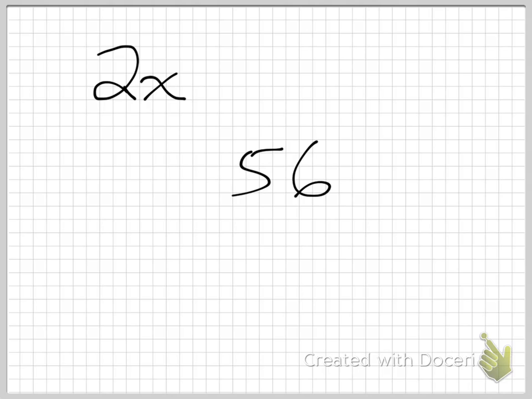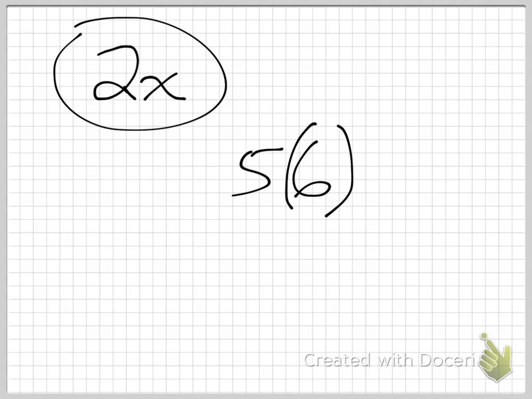That's not 5 times 6. But I could go like this: 5 and then put a 6 in parentheses next to the 5. That does mean 5 times 6. Things that are pressed up next to each other means multiply. So this right here means 2 times x. You would say it, 2x, but it means 2 times x.